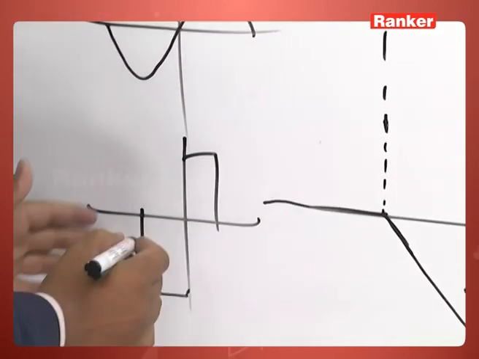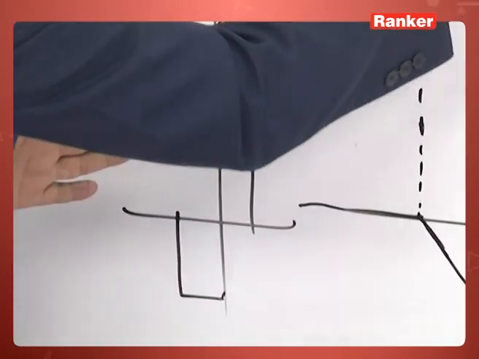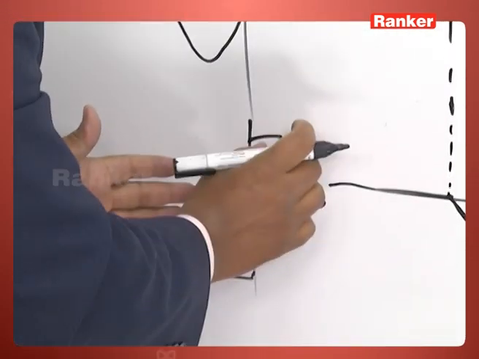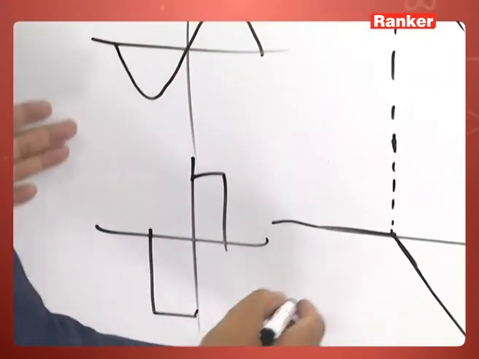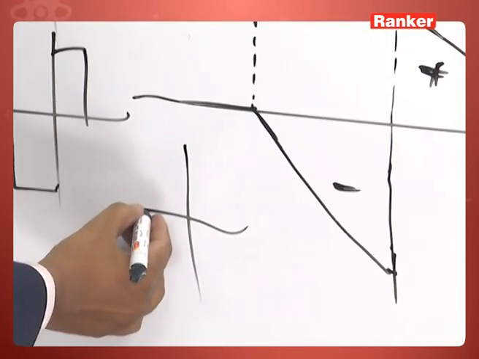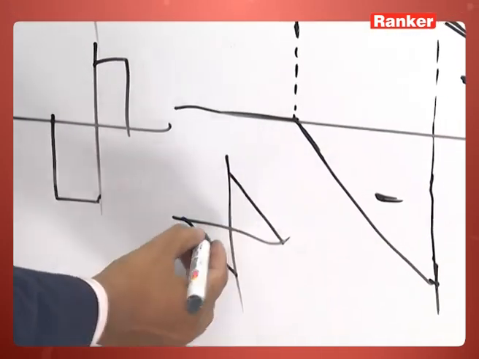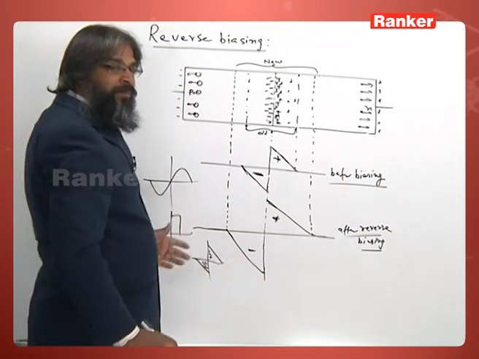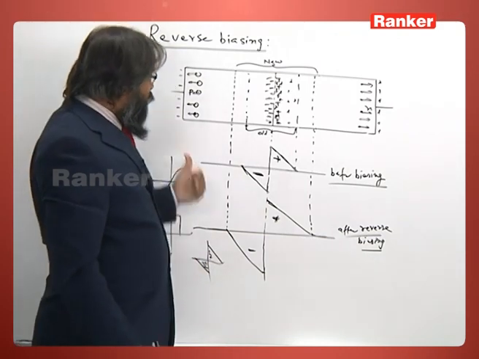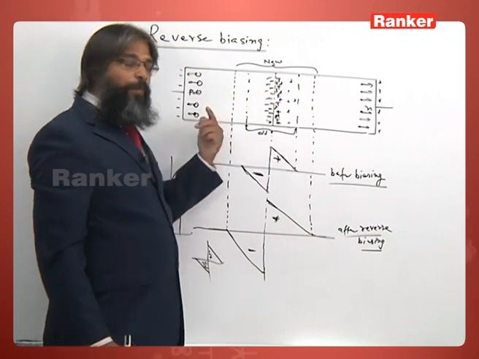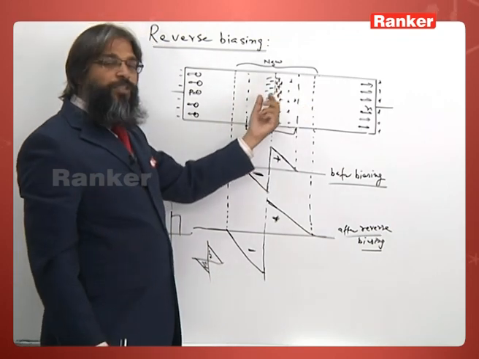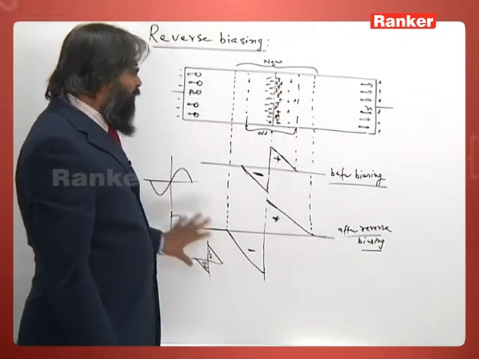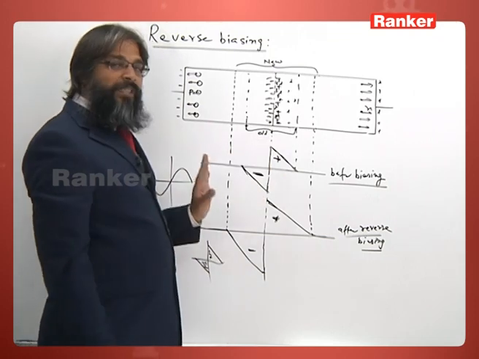That means we say that the charge is uniformly distributed here and here, uniformly negative charge and here positive. There are different ways, and it will depend on the nature of the PN junction how the charge is distributed. Any of these representations is okay.